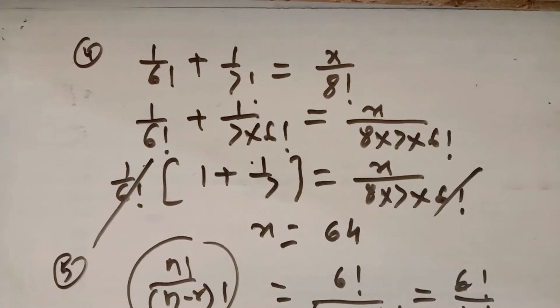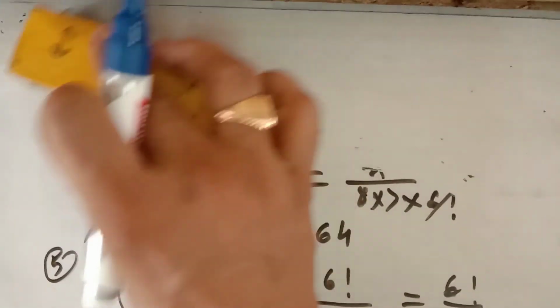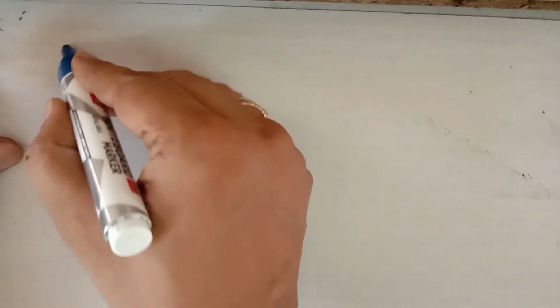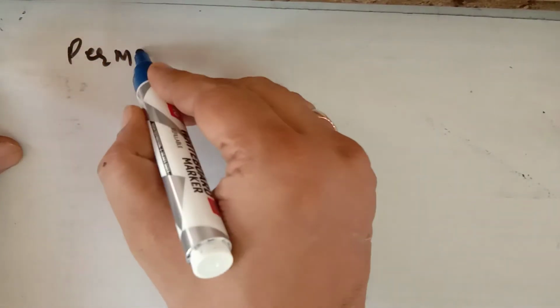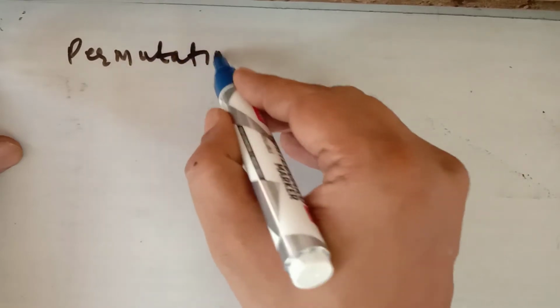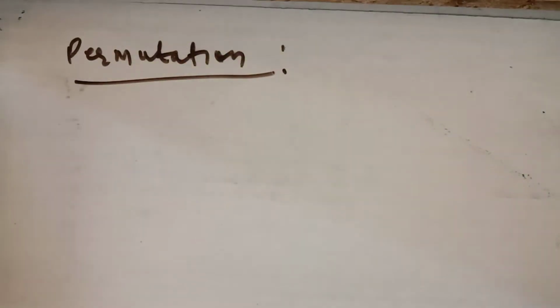Now, after that, students, we have the topic permutation, and listen to it very carefully, what it means and where you have to use it. Now, permutation is an arrangement without repetition in a definite order of a number of objects, taken some or all at a time.